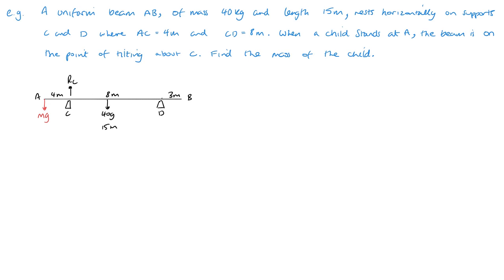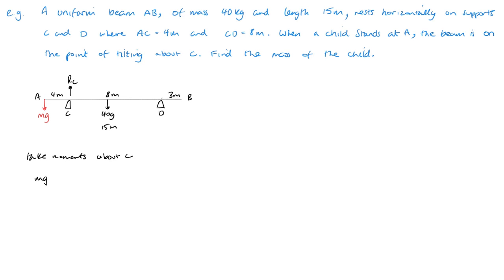If we resolve vertically, we'd have RC and m as two unknowns, which wouldn't help us. But if we take moments about C, we'll eliminate RC and we're just dealt with the mg.